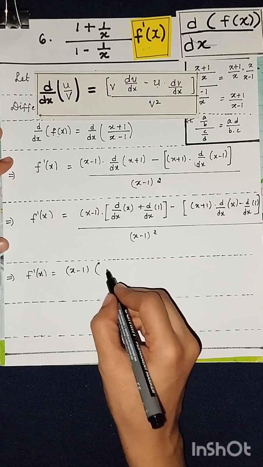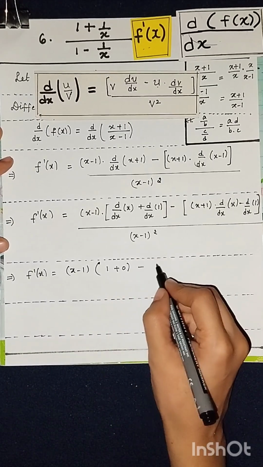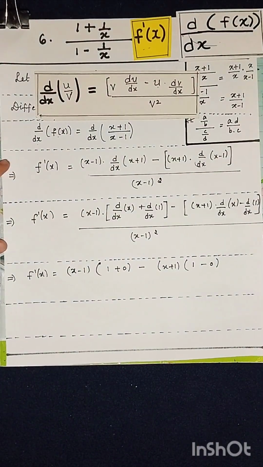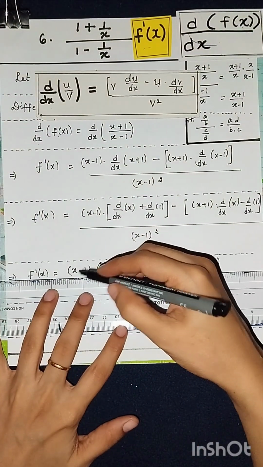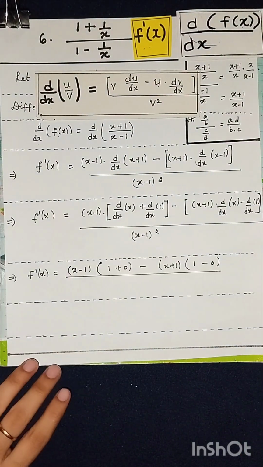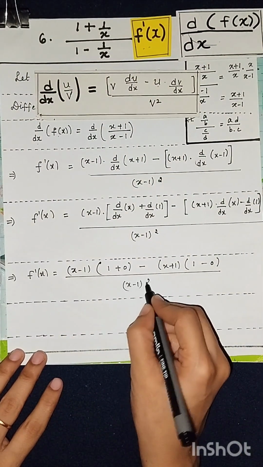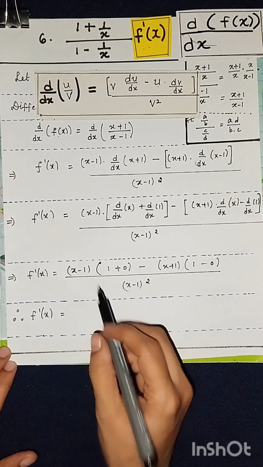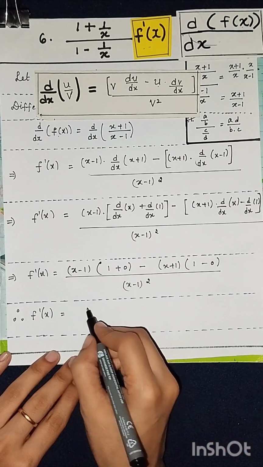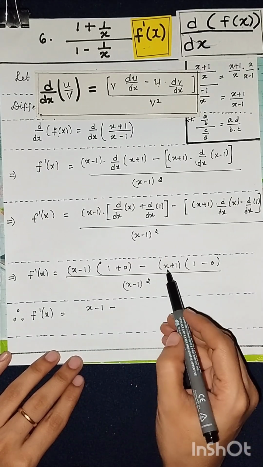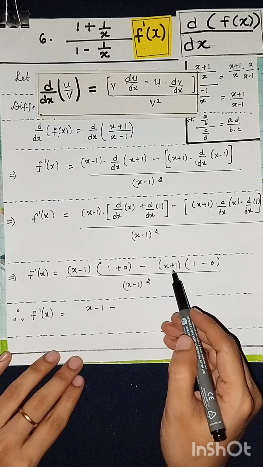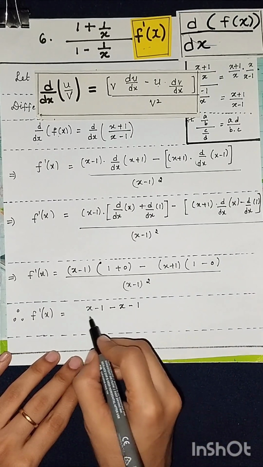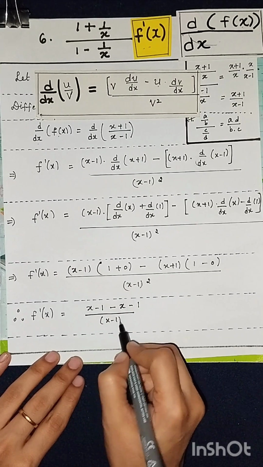So derivative of x is 1, constant 0, minus x plus 1, derivative of x is 1, constant 0, and in the bottom we have x minus 1 the whole square. So now I think we can write the final step. f dash of x is equal to x minus 1 times 1 will be x minus 1, minus x plus 1 times 1 will be x plus 1, but we have minus here, so you have to write minus, and minus 1, divided by x minus 1 whole square.